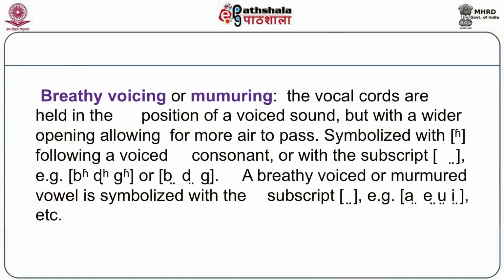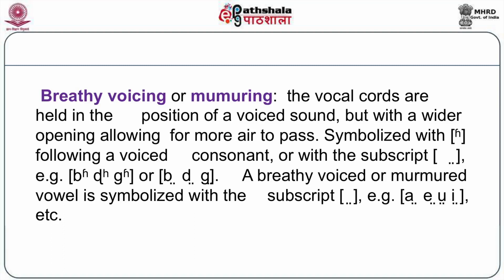Breathy voice or murmuring takes place when the vocal cords are held in the position of a voiced sound but with a little extra opening, typically found for voiced aspirated plosives and also for certain vowels which occur adjacent to them.